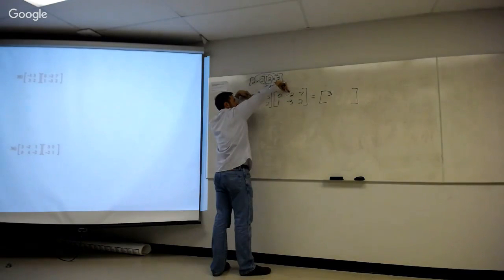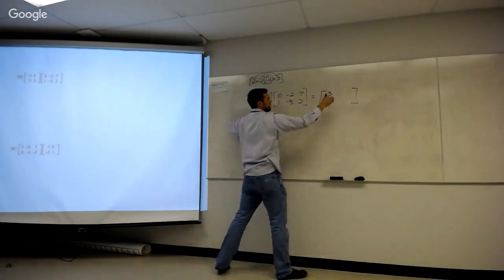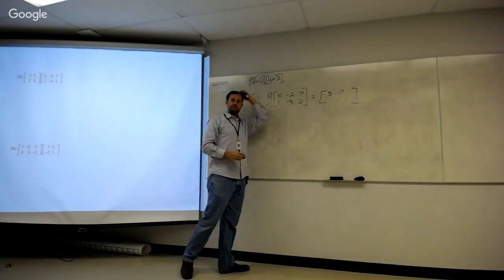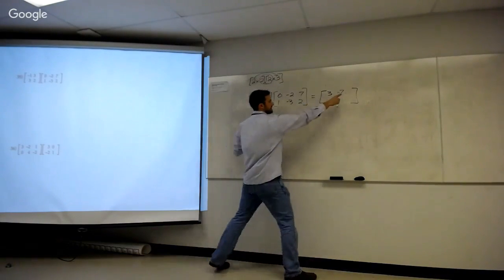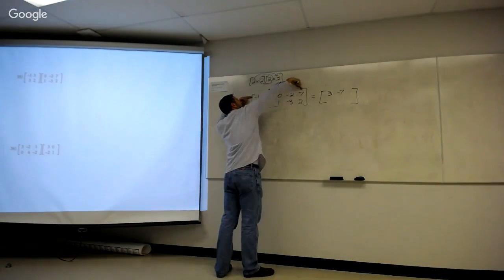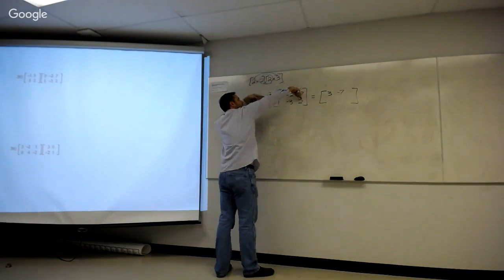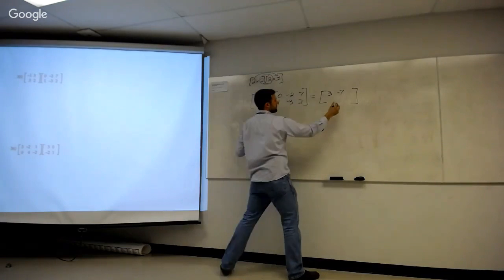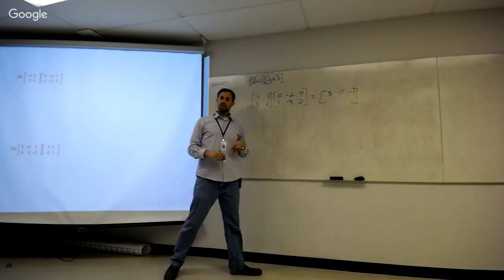So 2 minus 9 is -7. Very good. Okay, last entry again. First row, third column. -7, and then plus 6, so -1. Very good. Yeah, that's how that works.